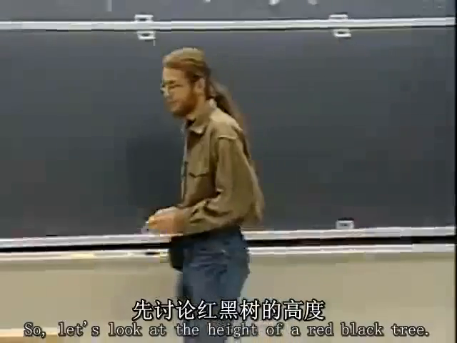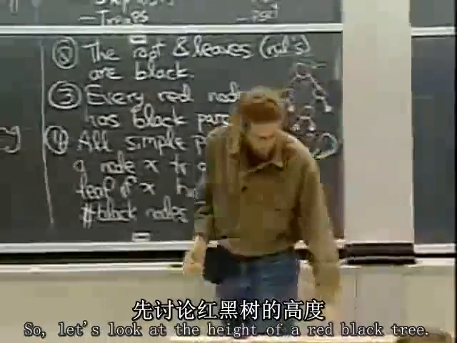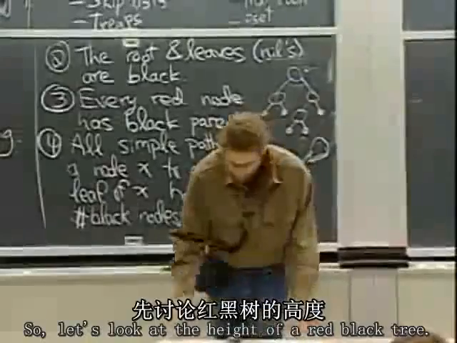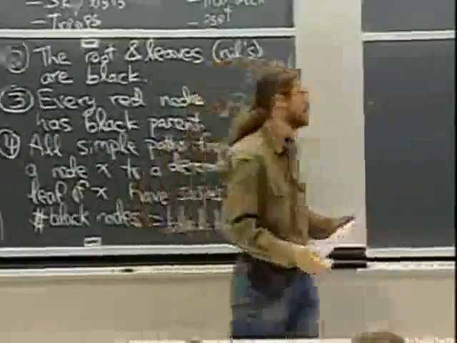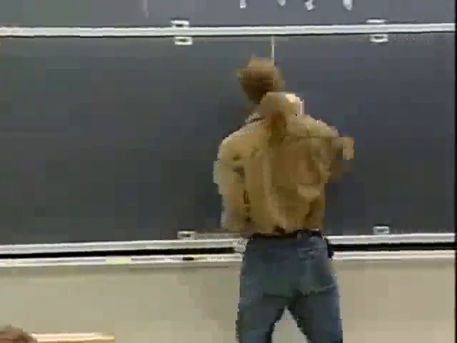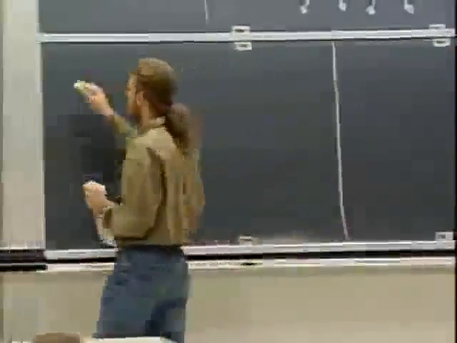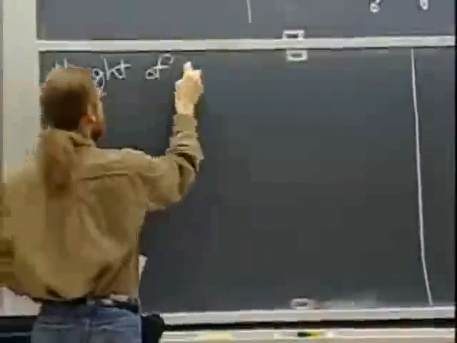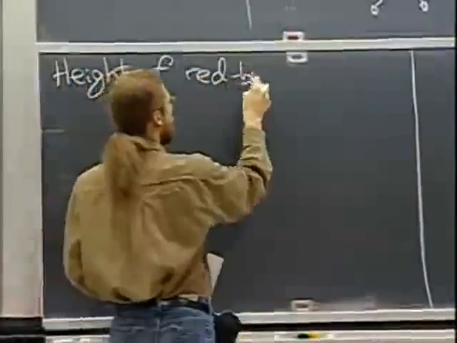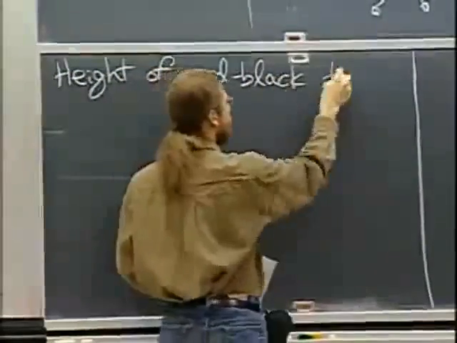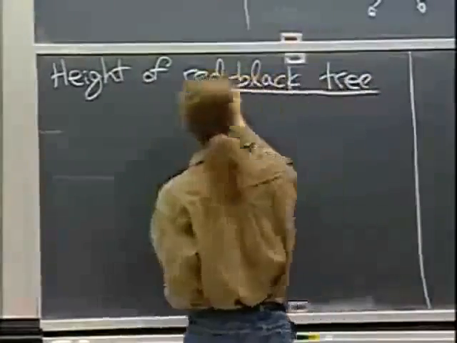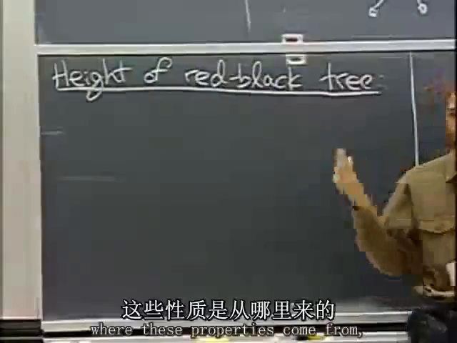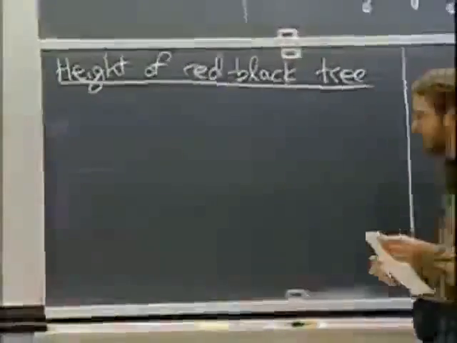So let's look at the height of a red-black tree. And from this, we'll start to see where these properties come from, why we chose these properties.